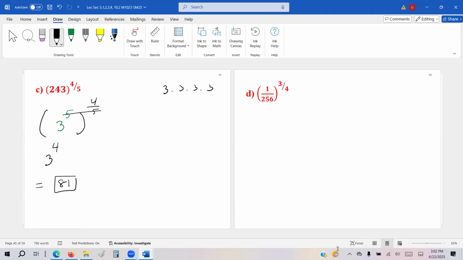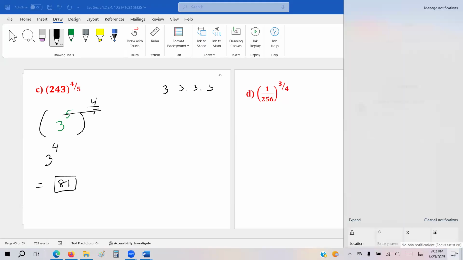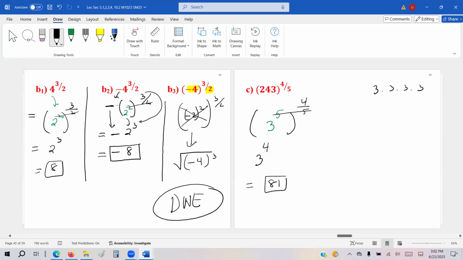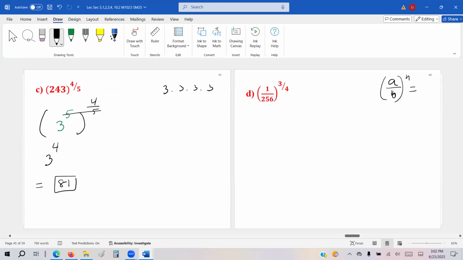The next one, division. So previously the rule, if you have A over B to the power n, what was the rule we learned?